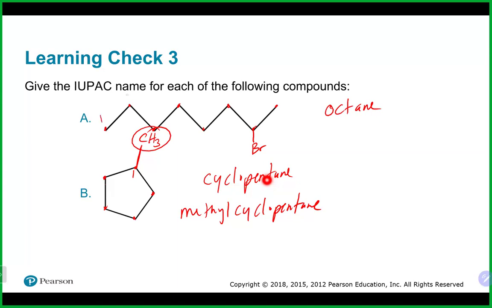If we went left to right, this would be 1, 2, 3, 4, 5, 6, 7, and 8. Now, if we numbered right to left, this would be 1, 2, 3, 4, 5, 6, 7, and 8. We want to go the way that gives the group the smaller number. So we do want to go in this direction, which means the correct number for this guy would be 2. This would then be 2-bromooctane, in that case.